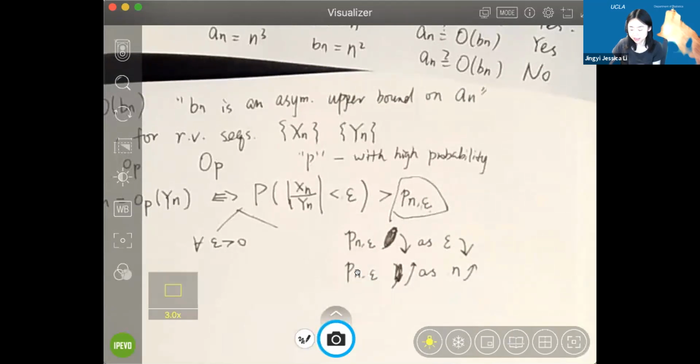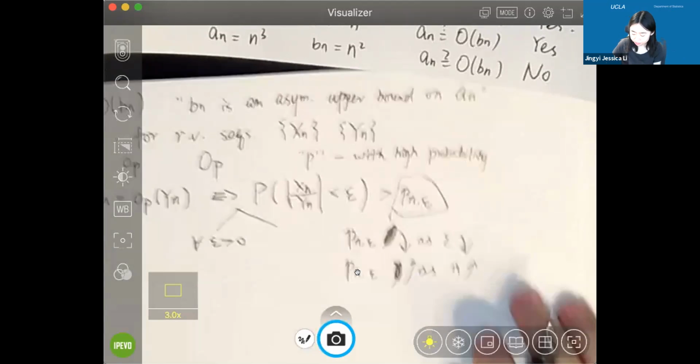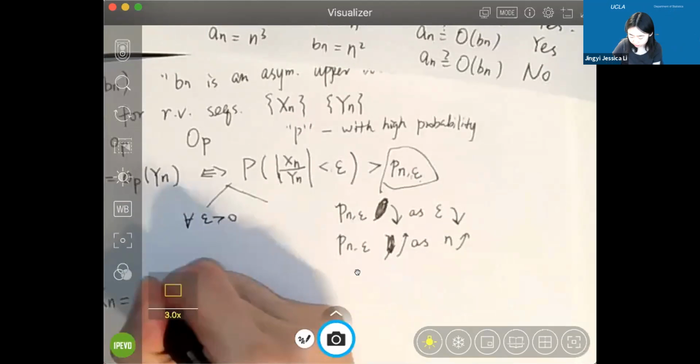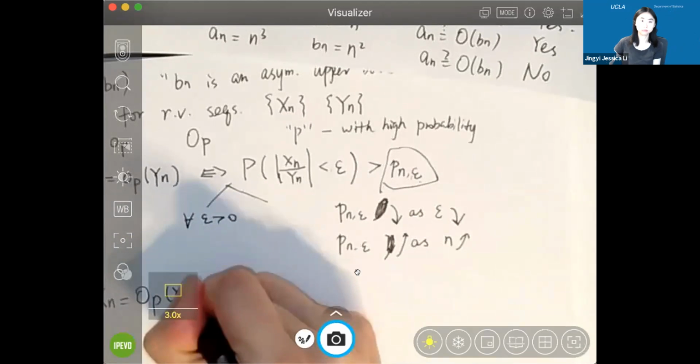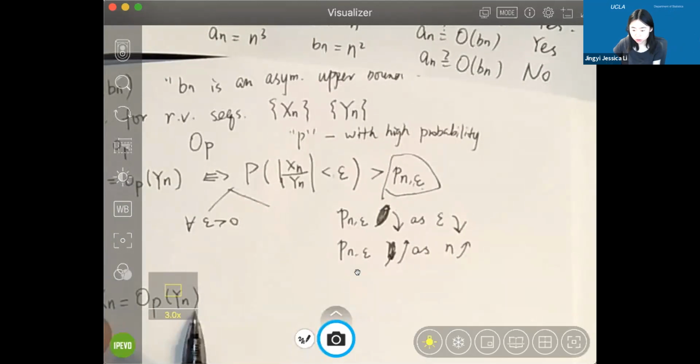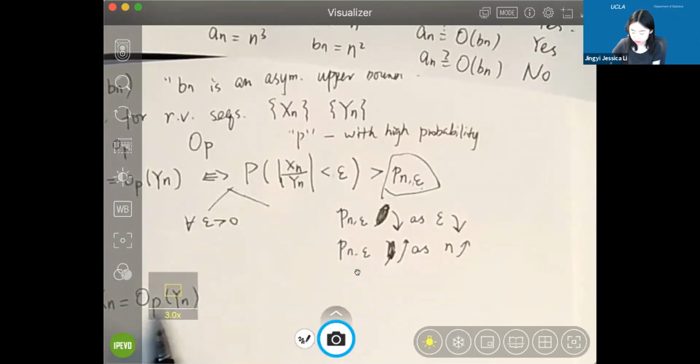Okay. One more thing. How about big O_P? If we have this, then we're saying that this is essentially an asymptotic upper bound. So Yn is an asymptotic upper bound on Xn with high probability. The P stands for high probability.